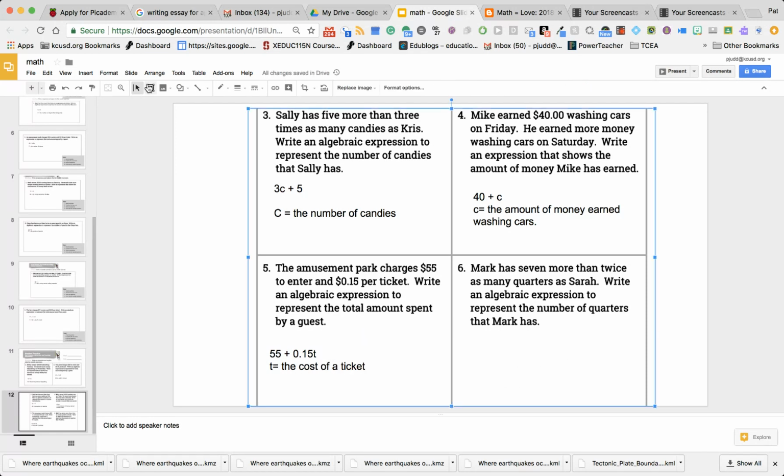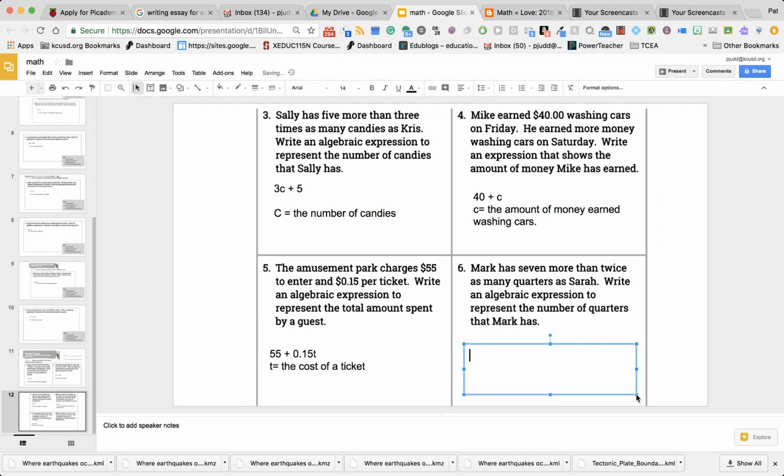And 6, Mark has 7 more than twice as many quarters as Sarah. Write an algebraic expression to represent the number of quarters that Mark has. Well, 7 more than twice as many. 7 more than means we're going to add that on to something else.